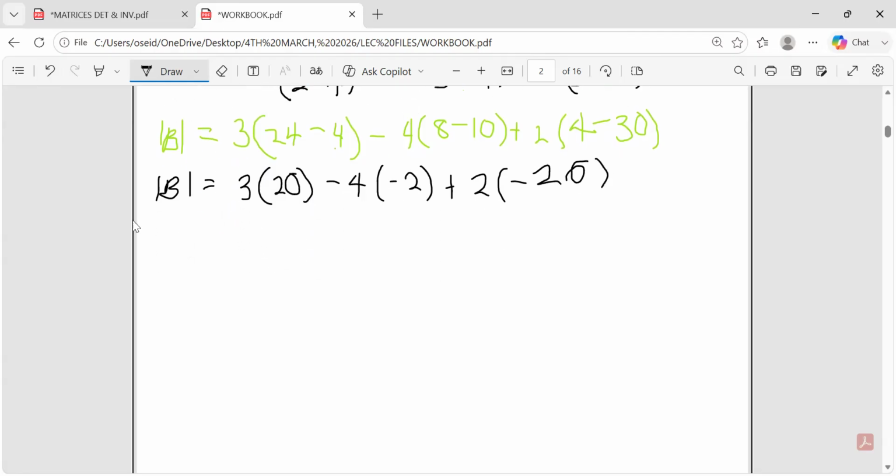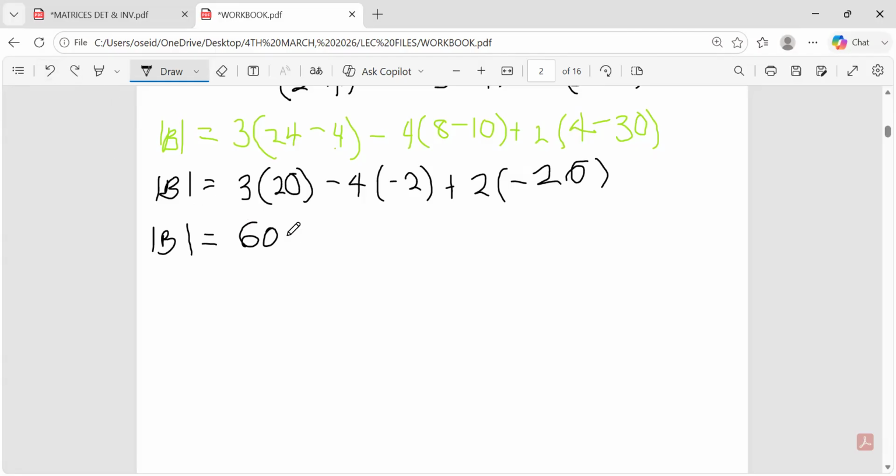Alright, so we are going to get that B will be equal to 3 times 20 will give you 60, minus, or better still, negative 4 times negative 2 will give us positive 8, so plus 8.